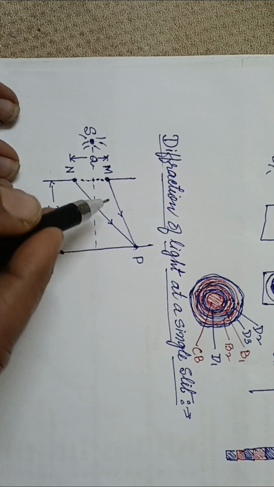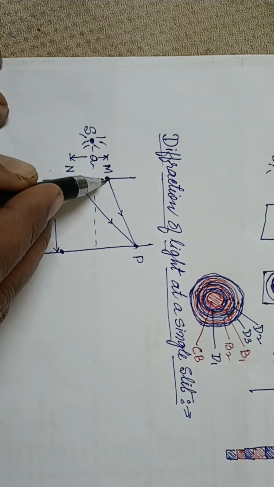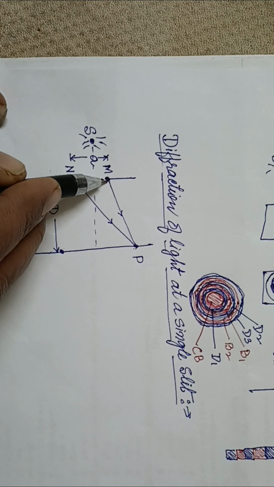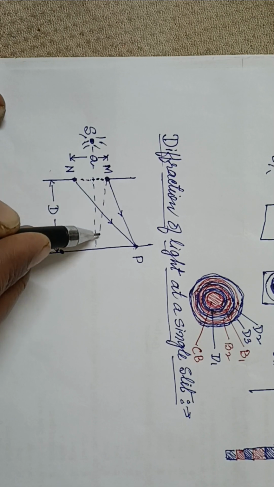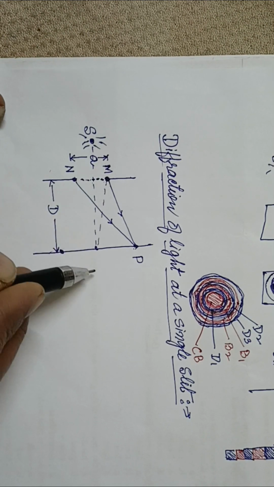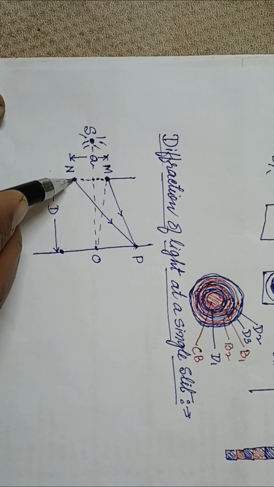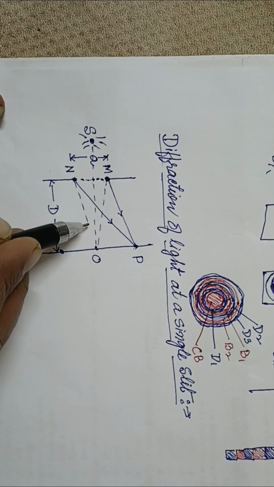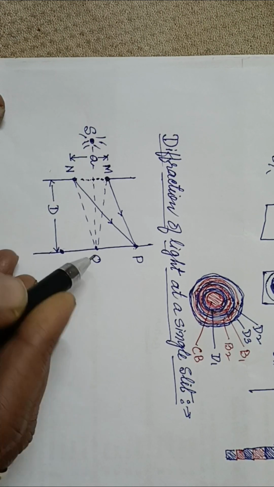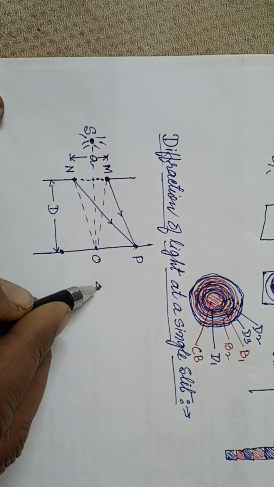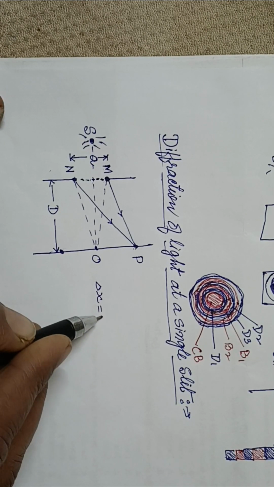So as you know, the first wave, which is coming out from this M that reaches over here at the O, and from N, both are traveling the same distance, so here there is no path difference, so delta x is equal to 0.